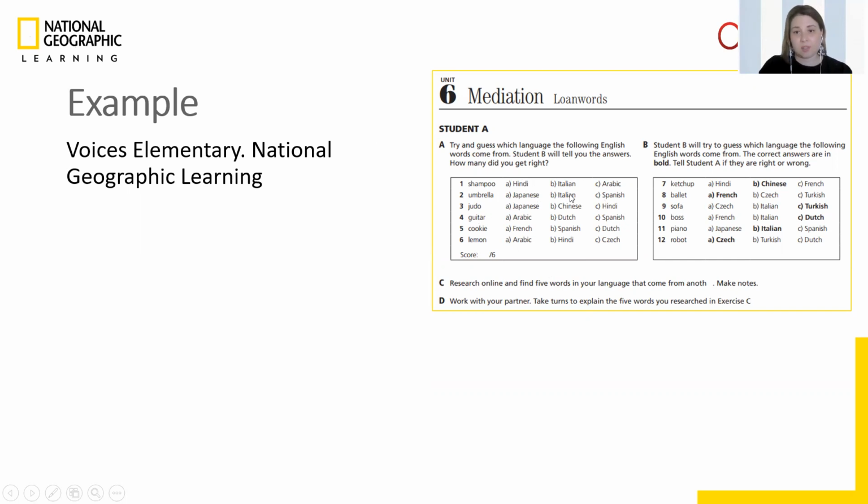They work together, guess, and discuss where these words come from. If I'm student A, I have a list of my words, and I need to find out where they are from. And then I also have the answers for my partner's words.